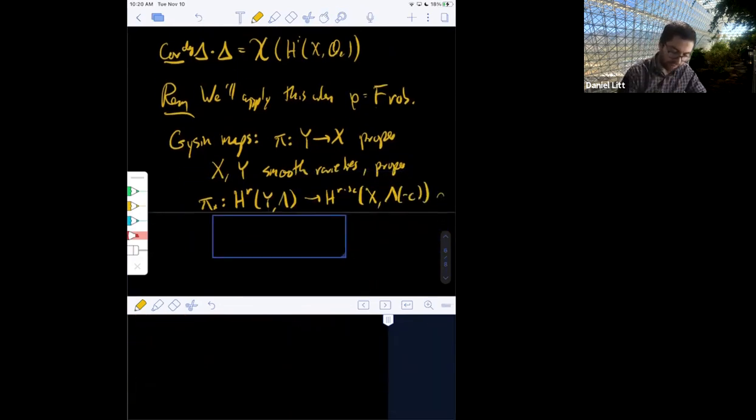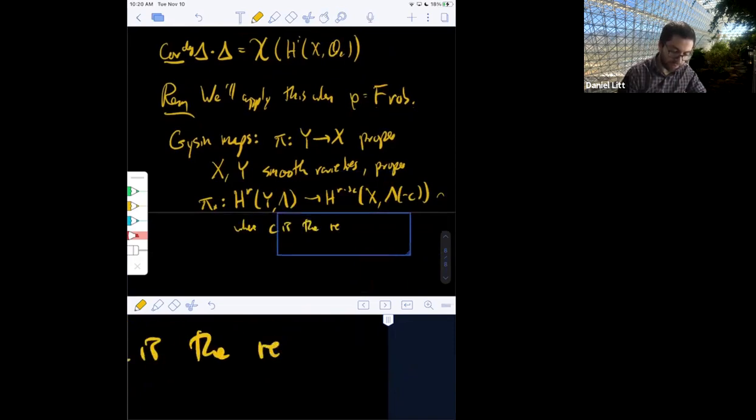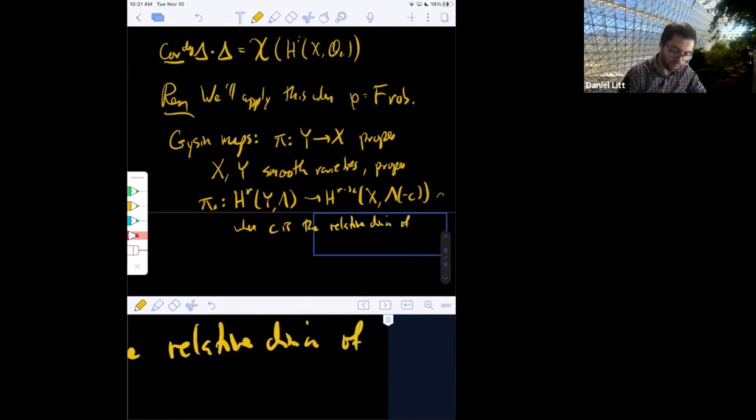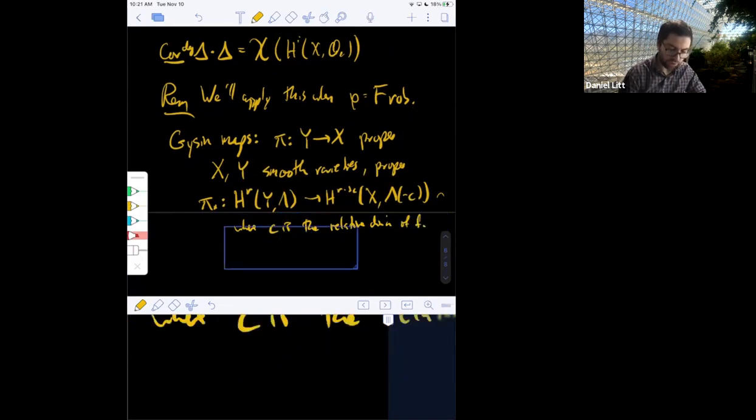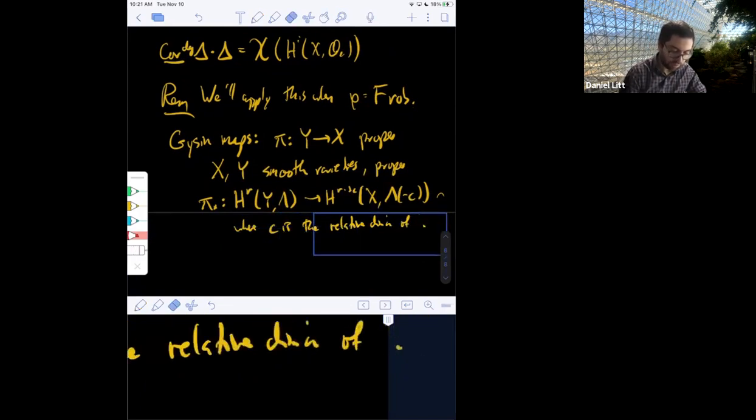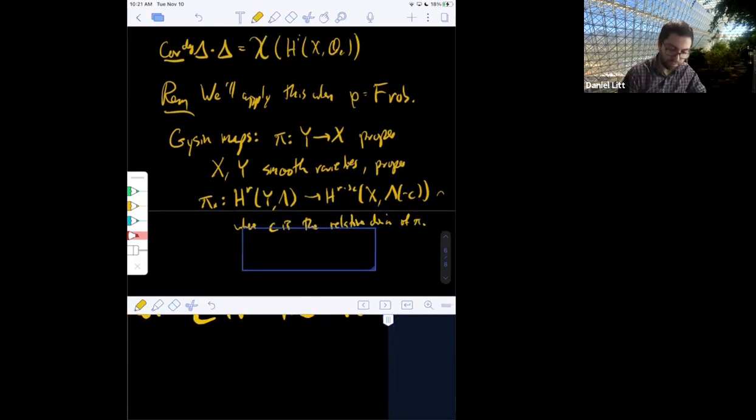Here c is the relative dimension of pi. By that I mean c is the dimension of Y minus the dimension of X.